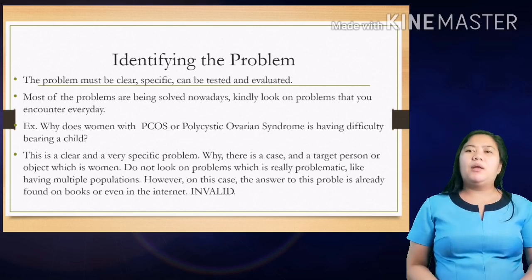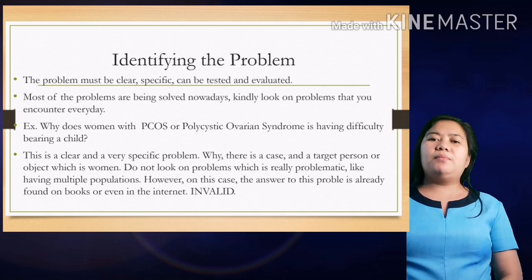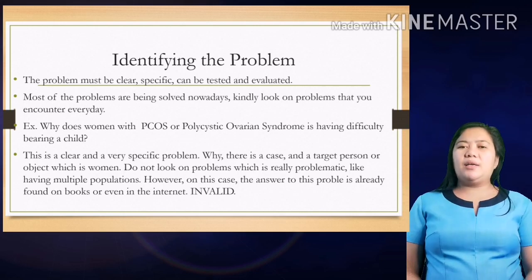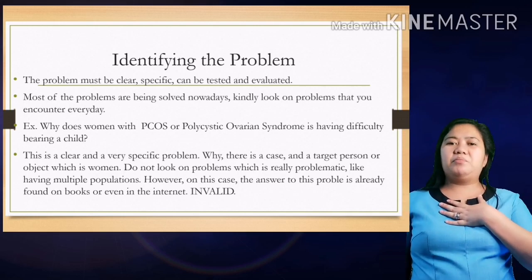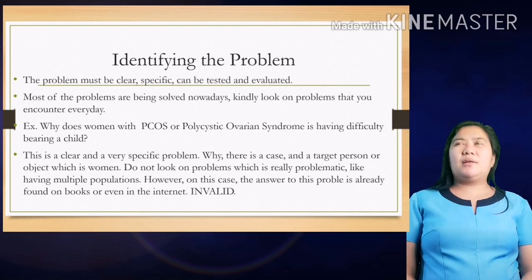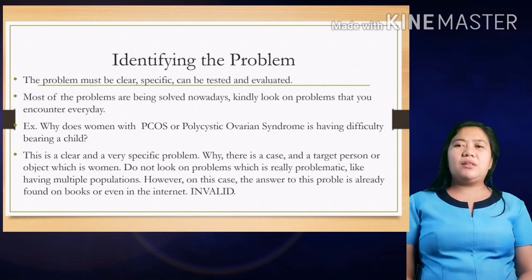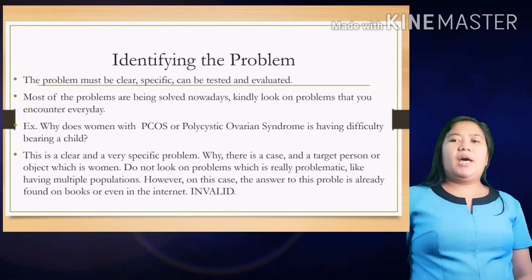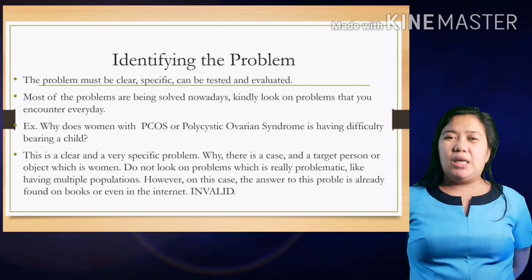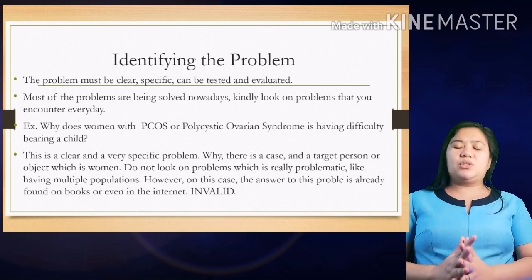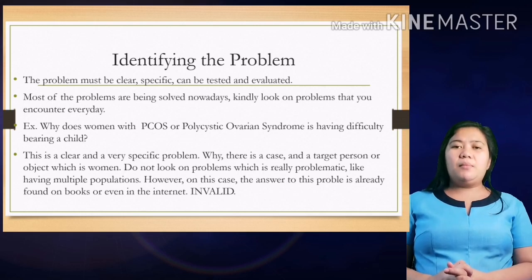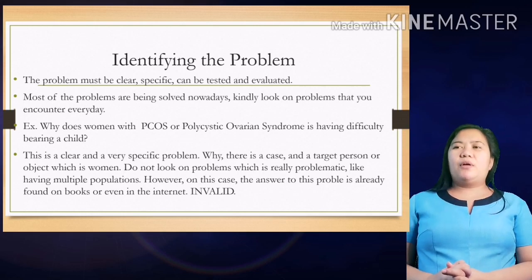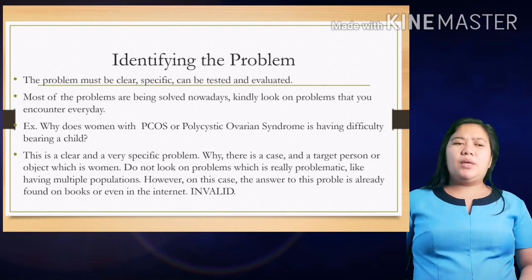So for example, why do women with PCOS, or polycystic ovarian syndrome, just like me, I actually have PCOS, have difficulty bearing a child? The question is very clear because you have a target, which is women, although you could restrict or limit the type of subject that you will have in your problem.